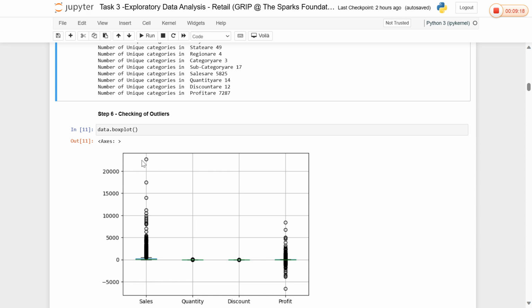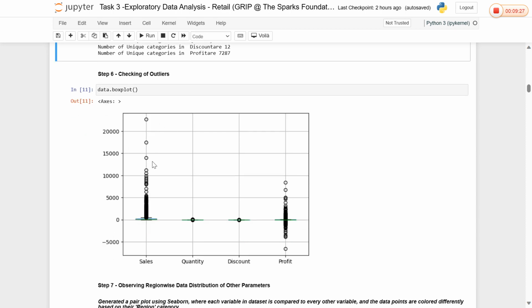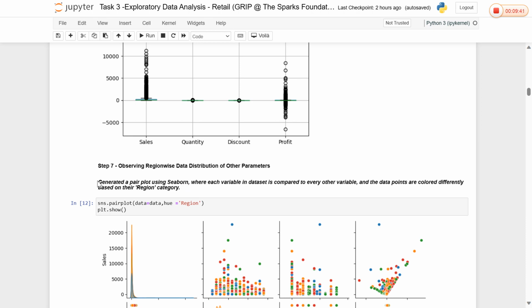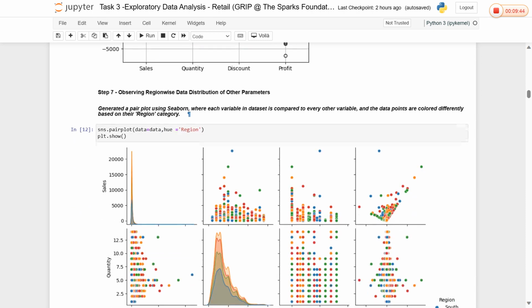Here we found some anomalies, or unclean data, by using the box plot. In sales, quantity, discount, and profit, the data is much better and within a line.